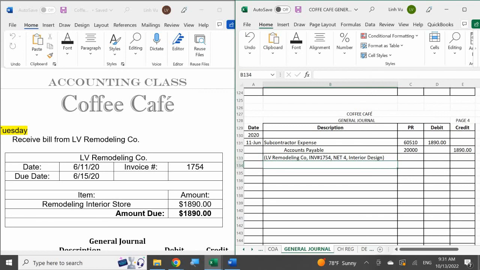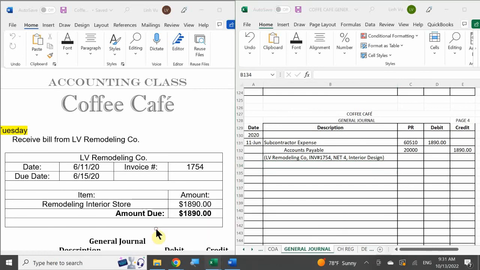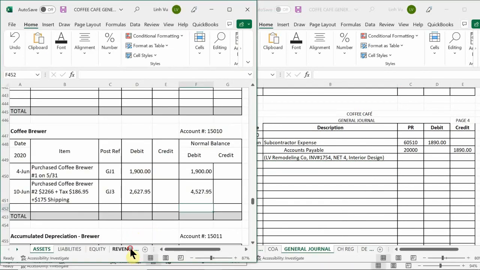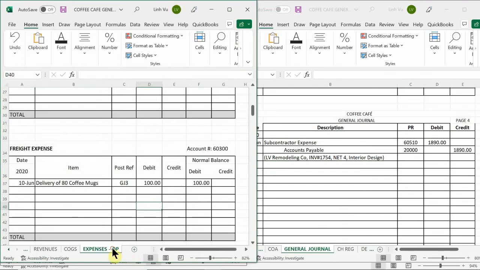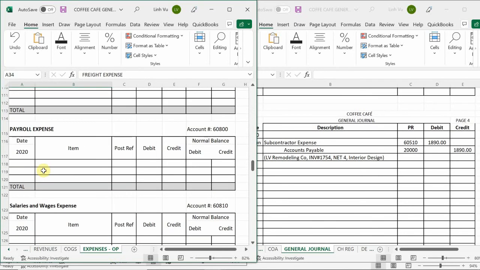All right. So now that I finished my journal, I can go ahead and update my ledger accounts because now I owe more money. First things first is you're going to recognize that operating expense here. So again, subcontractor expense.